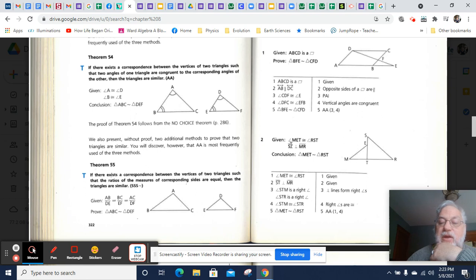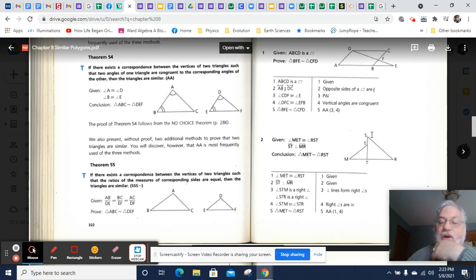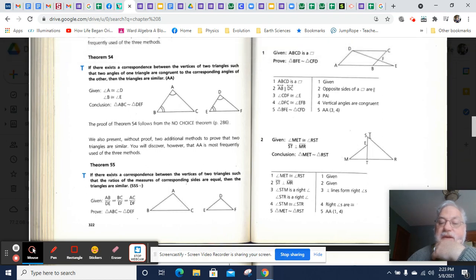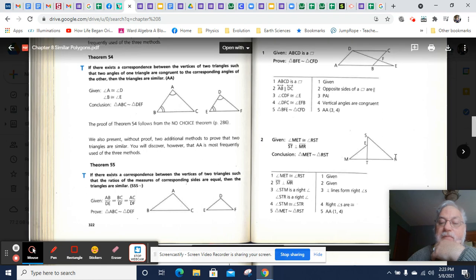Okay, here's one that looks a little messier. We've got angle MET is congruent to RST. We know that ST is perpendicular to MR. Okay, and we're trying to prove that MET, this left triangle, is similar to RST.